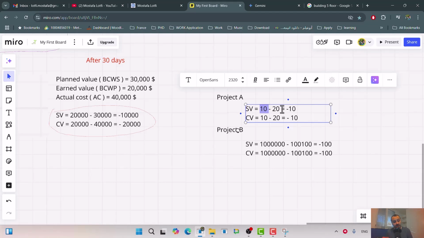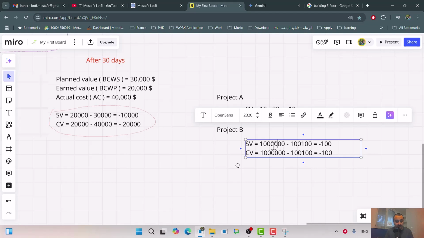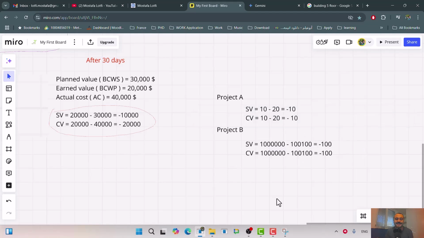Basically their performance was 50%. But here, the earned value is 1 million and planned value was 1,100,000. The performance is much better than project A, but you cannot see the performance in this KPI.